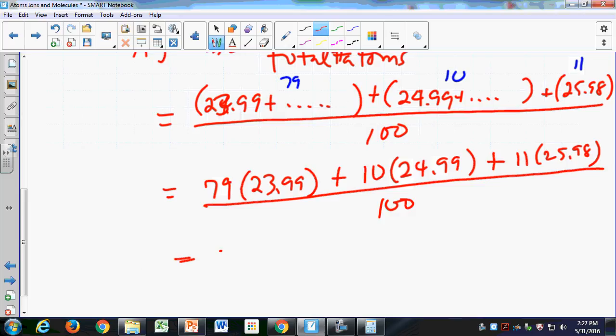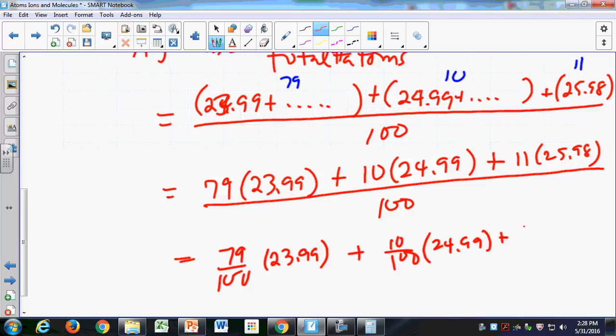79 over 100 times 23.99. I can break it up, and I can say this is 10 over 100 times 24.99 plus 11 over 100 times 25.98. In other words, what did we do here?